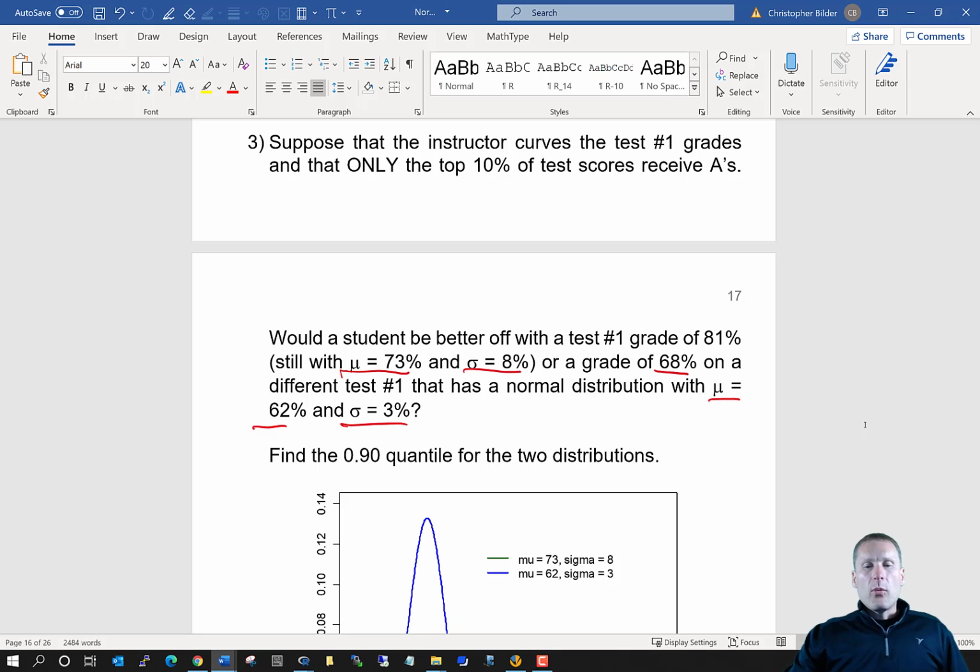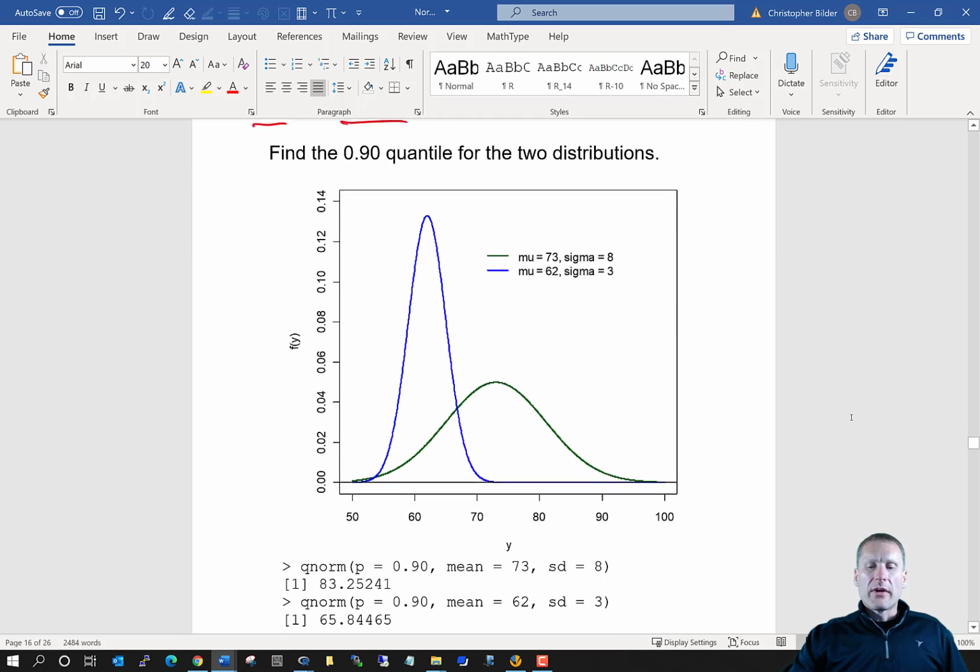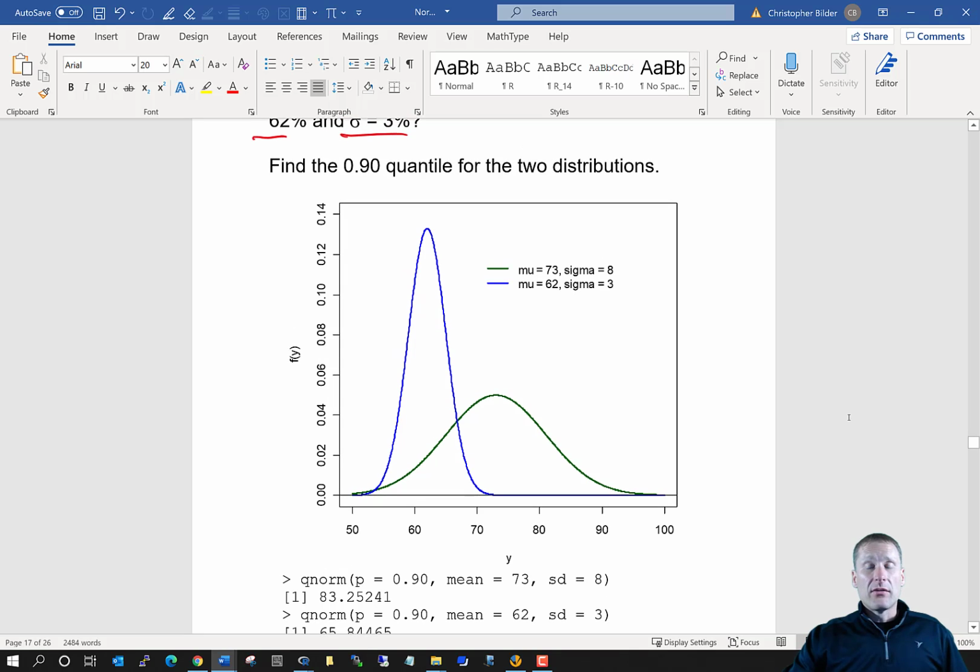So in other words, we want to see where's that cutoff point for A's. And so what we're looking for now is the 0.9 quantile for both probability distributions.